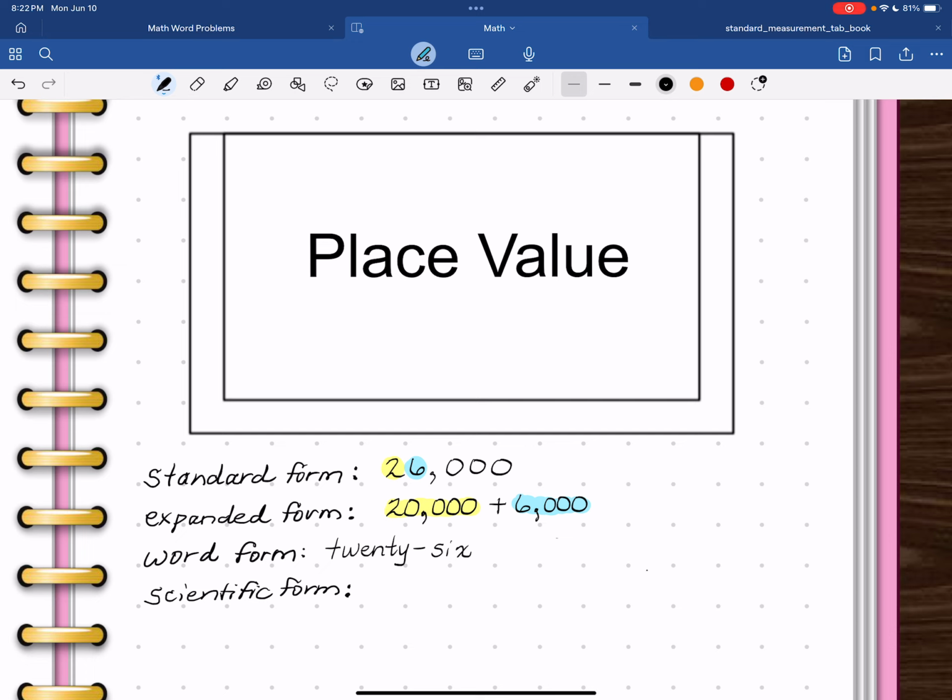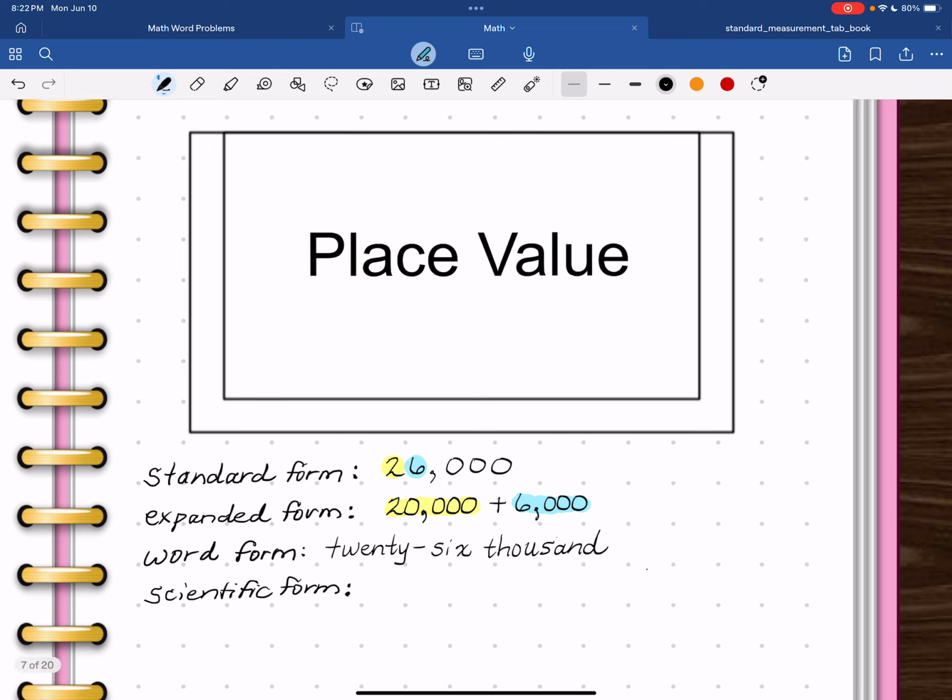What period is that 26 sitting in? It's in the thousands period. Not thousandth, thousand. 26,000. You do not need a comma here. Sometimes you will in word form. I'm sorry, no, you won't. Sometimes you will need a comma after the word thousand, but in this case we don't. I should not have gone down that rabbit hole.